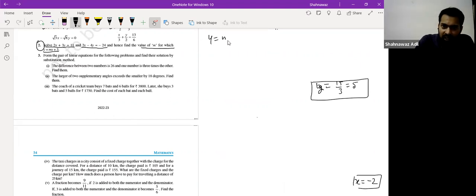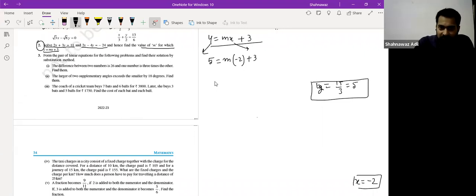So Y is MX plus 3. And what values have we already found? We found Y is 5 and X is minus 2. So we just put this value in here. So 5 equals M into minus 2, plus 3.